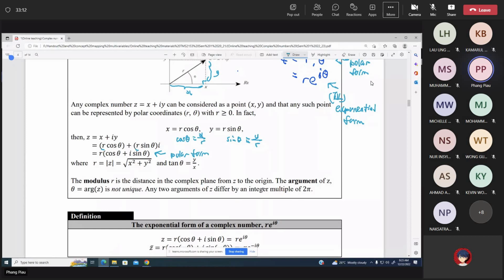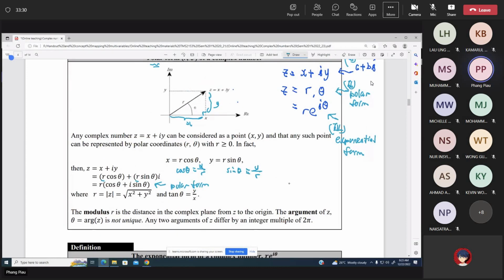So this r is known as the modulus. It's simply the distance on the complex plane from the object to the origin. Then the theta here is known as the argument of z. And theta is not unique. Why do I say it is not unique? Because if you find that your theta value is pi over 4, to make it easy, then you can always have another value by adding 2 pi, or subtracting 2 pi.